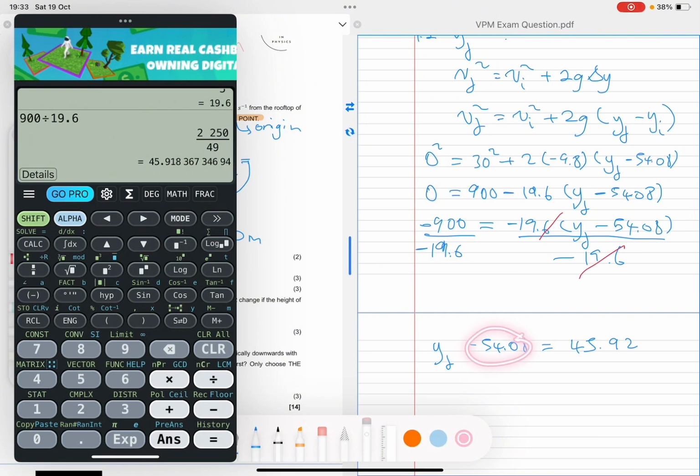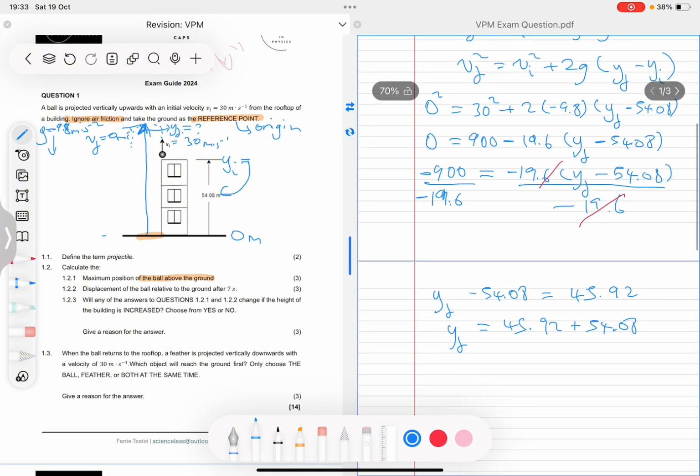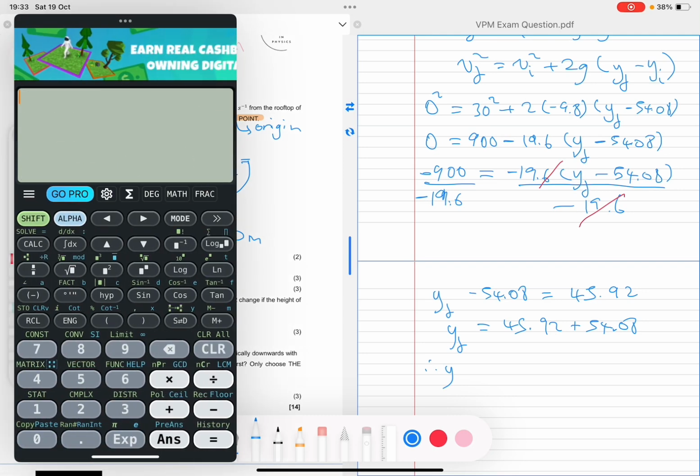Now I'll take this 54.08 and bring it to this side, so that I have y final equals 45.92 plus 54.08, and my final position will then be a positive answer. That gives me the final position of 100 meters.